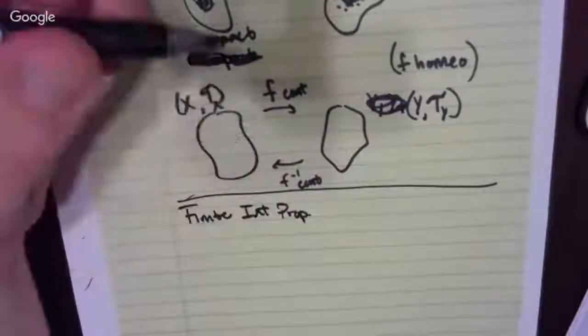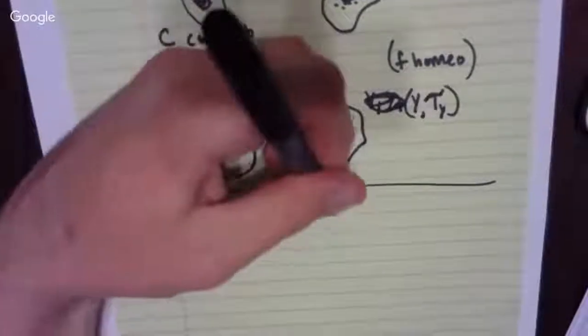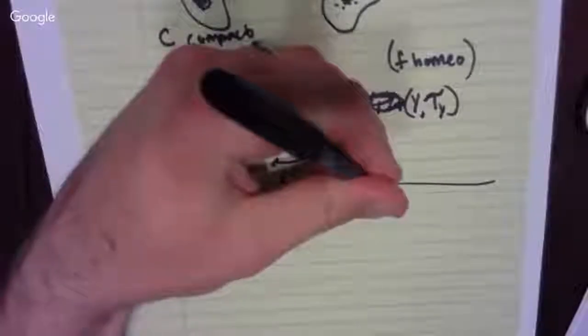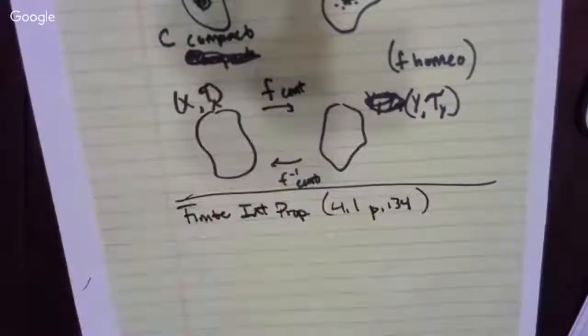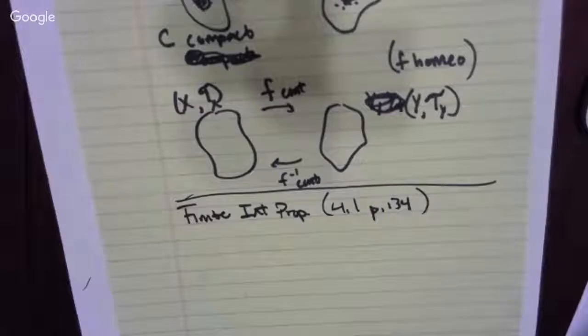This is on page 134 in 4.1, around the middle of the page, right after he talks about being countably compact. I don't need you to do anything with countably compact right now.